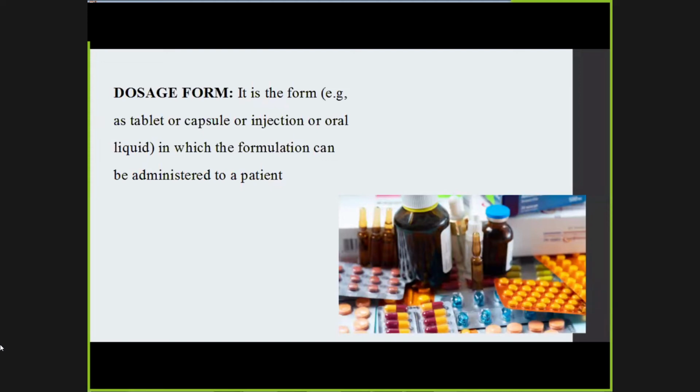These all are dosage forms which are used for various purposes. It is the form in which the formulations can be administered to the patients. So the dosage forms are tablets, capsules, injections, and liquids. In detail of these dosage forms, you will learn in your subsequent classes under this section of clinical pharmacy.